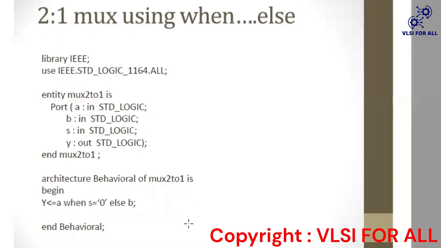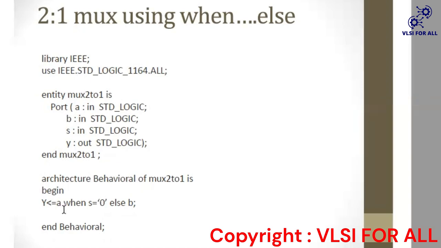Now we will see the 2:1 mux using the when else statement. That was using simply data flow modeling, simply writing the equation of the mux. But here we will use the when else statement. The upper part will be similar: library declaration, entity declaration, and after that the architecture declaration.